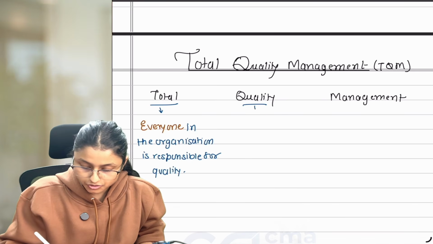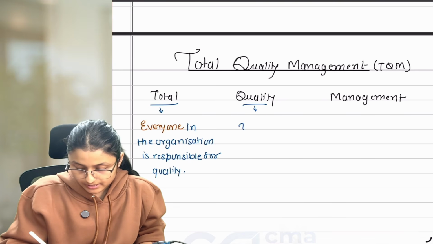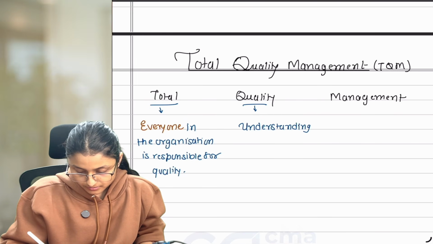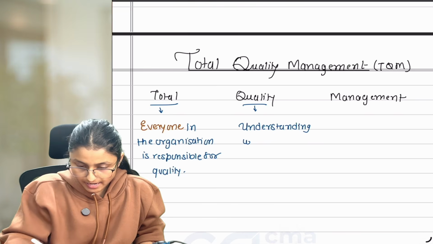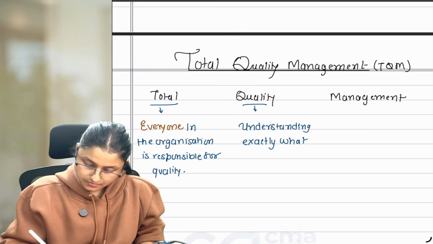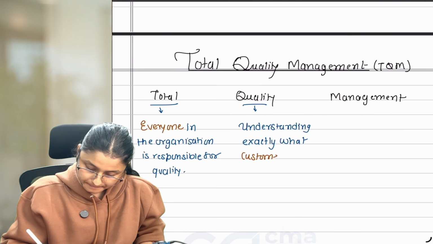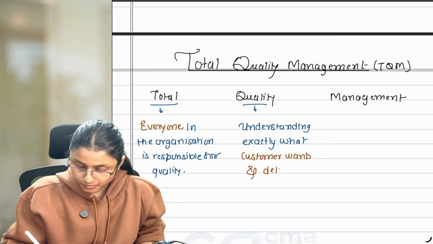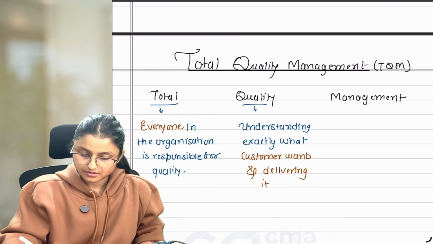Everyone in the organization should be responsible for quality. Understanding exactly what the customer wants and delivering it. We will understand what the customer wants and will try to deliver it as it is.